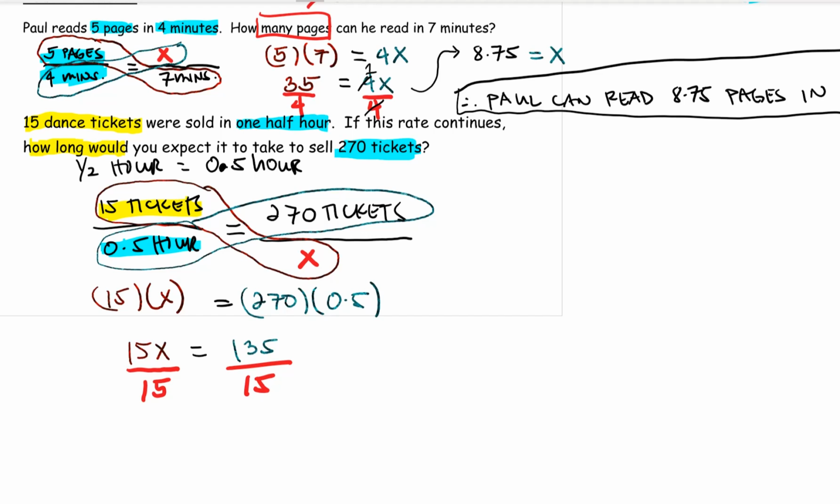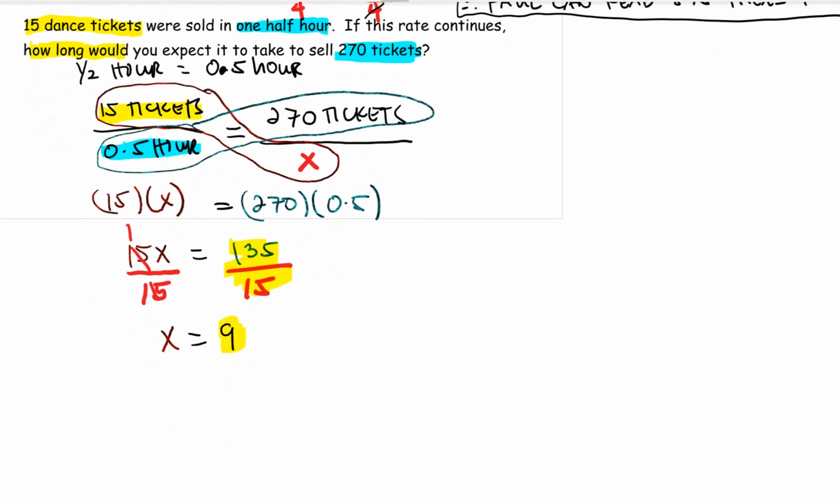So 15 over 15 gives me 1, and x is equal to 135 divided by 15, which gives me 9. So x must be 9.